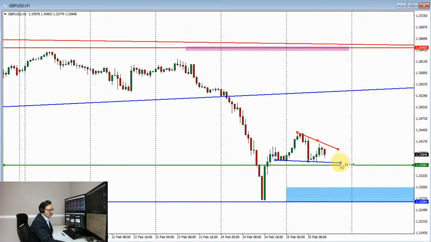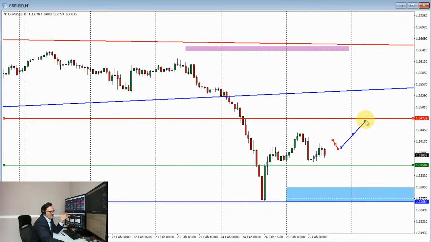It can change the shape, but these types of patterns have a tendency to break to the upside, have a rally, then a little retest from above, something like this. And then people who trade them would trade them in a couple of different ways. They would either take the widest point of this pennant and extend that to the upside for the potential projected take profit.